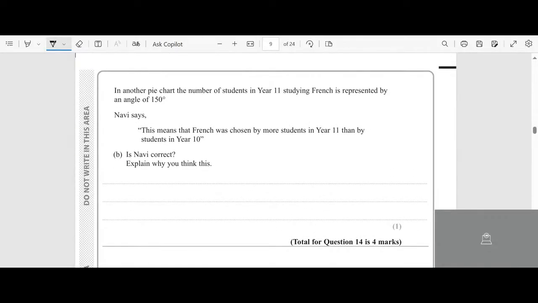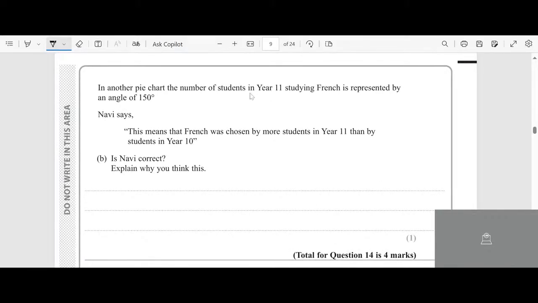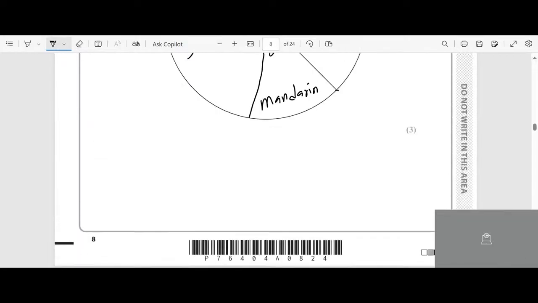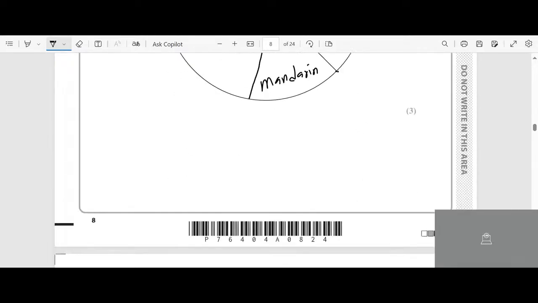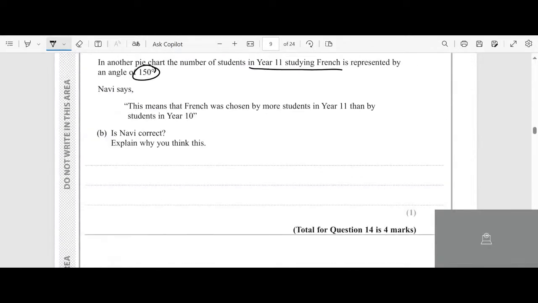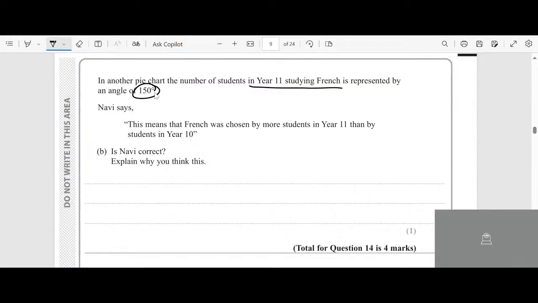In another pie chart, the number of students in year 11 studying French is represented by 150 degrees. So the French students here was 135, but here you are told in another class 150. Then Navi says that this means that French was chosen by more students in year 11 than in year 10. Is that really true? No, this statement is not true. Why?